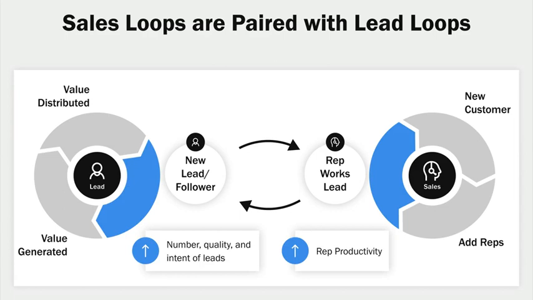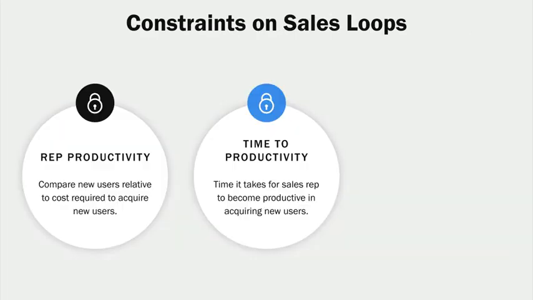Of course, an increase in the number of leads, the quality of the leads, or the intent of leads is going to directly affect rep productivity. There are other levers that we can use to increase rep productivity, but the amount and quality of the leads is certainly the primary one. The second thing that we can think about is time to productivity.